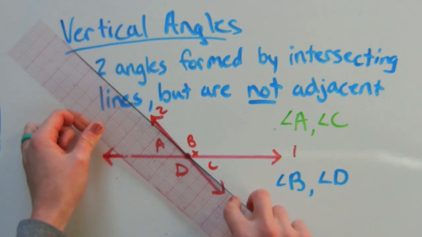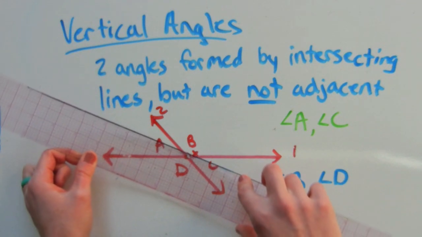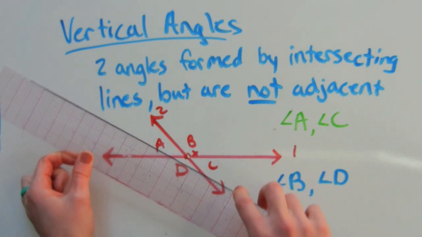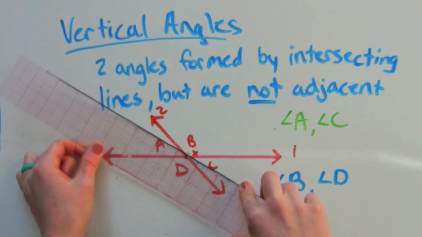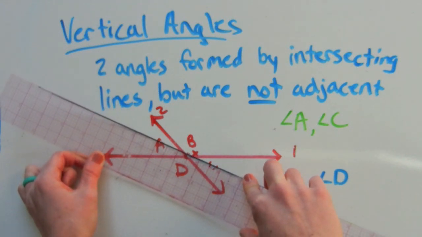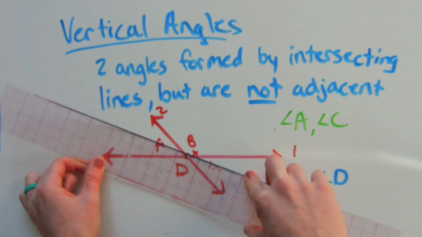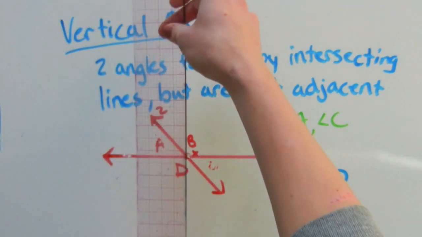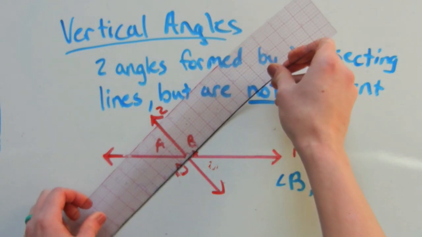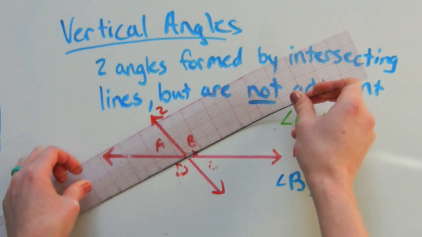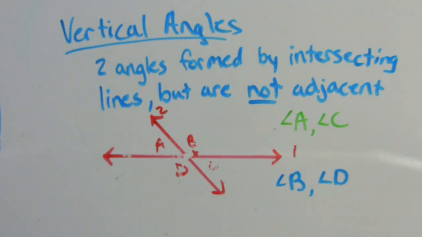So it's almost like a reverse reflection. You can see as I move the ruler, angle A and C are getting smaller, while angle B and D would get larger. Or the other way, B and D would get smaller as A and C would get larger. Let's look at one more definition.